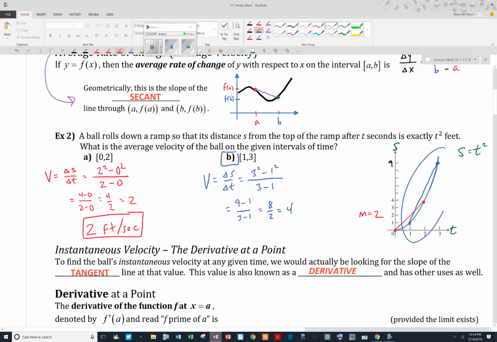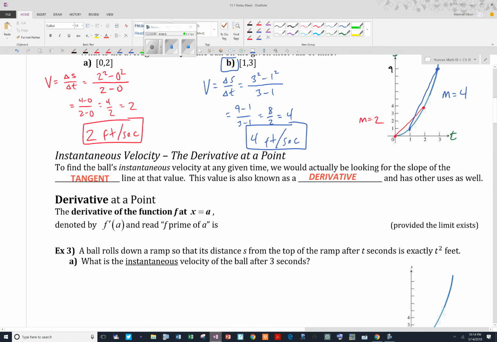If we look at our slope here, our rise over run would be 8 over 2, which is the same thing as what I have written right there, which is 4. So the ball is moving at an average rate of change, or an average velocity, of 4 feet per second between the seconds of 1 and 3. And the slope of that blue line that I have there is also 4. So average rate of change is the same as the slope of the secant line.